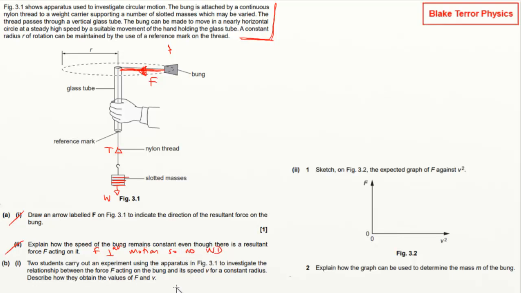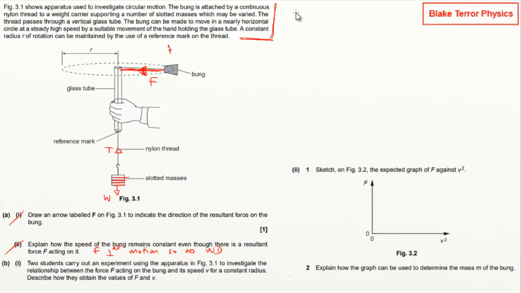Now they try to carry out this experiment, probably with not much success, to investigate the relationship between the force F acting on the bung and the speed v for a constant radius. Describe how they obtain the values F and v. There's a number of things that we're going to have to do here.